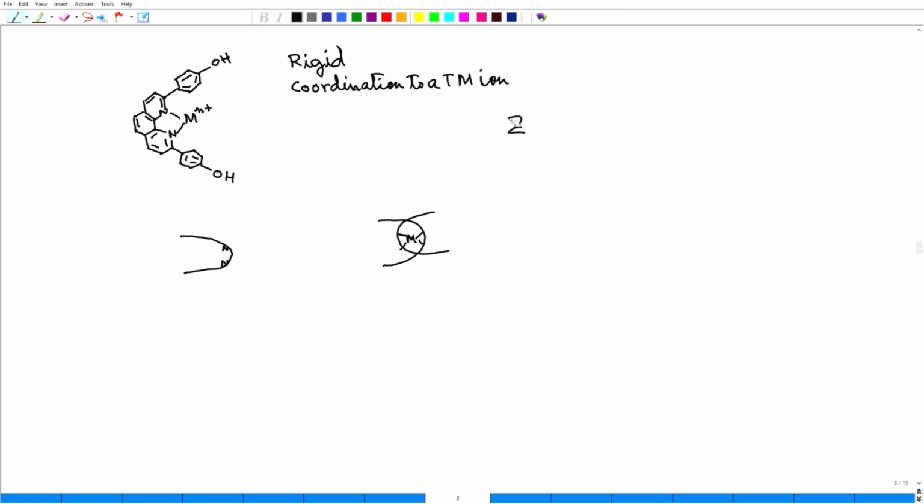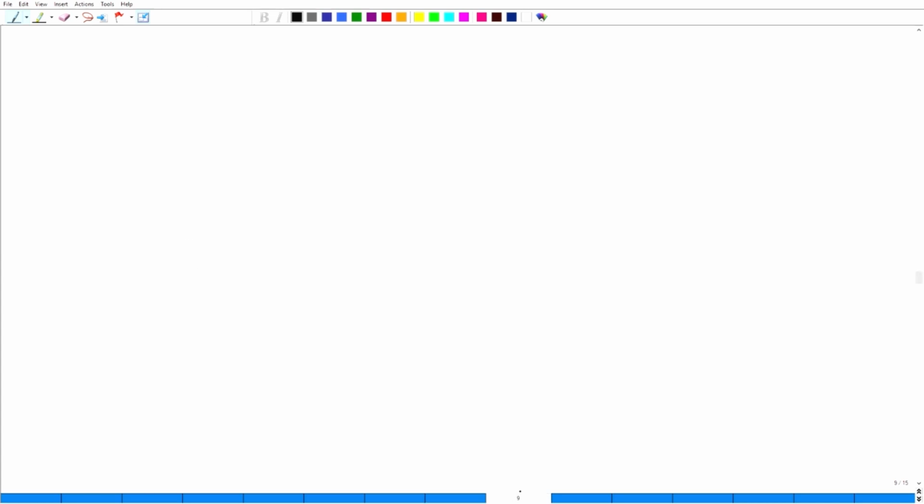Maybe I will take a new page. So, I want tetrahedral. What will happen? Zinc 2 plus likes tetrahedral, but zinc 2 plus has a tendency to show more than 4 coordination.